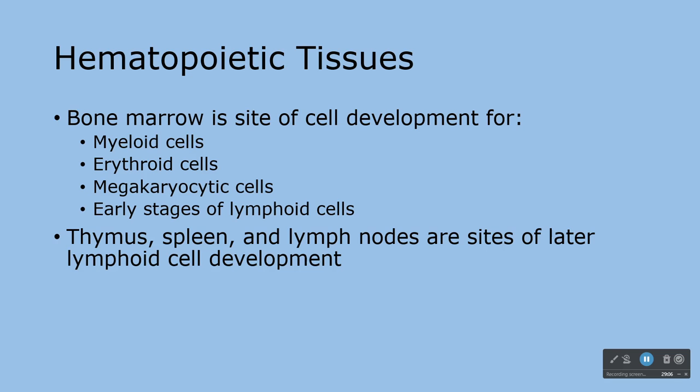They're formed in the bone marrow, but they leave for maturation to go to the thymus and the lymph nodes. Yes? Platelets, yes. Lymphoid, so lymphocytes. Okay. Your thymus, your spleen, and your lymph nodes are also sites of later lymphoid cell development.